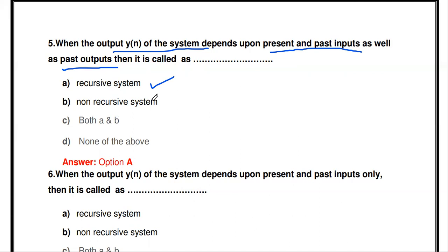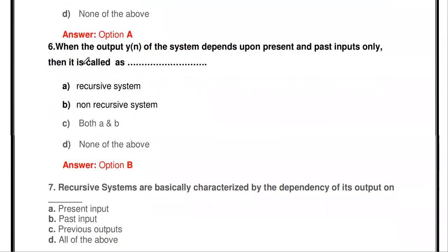Already we studied this topic in signals and systems. If you want to learn more about recursive and non-recursive systems, the signals and systems playlist is there in my channel, where I discussed this topic separately. I will give the link in the description box. So a recursive system means the system output depends on present input, past input as well as past output.